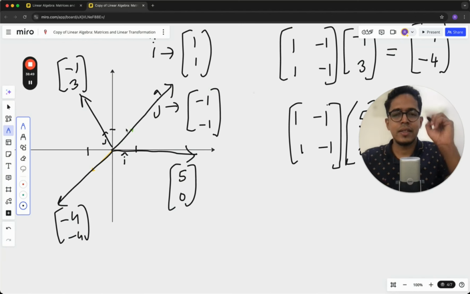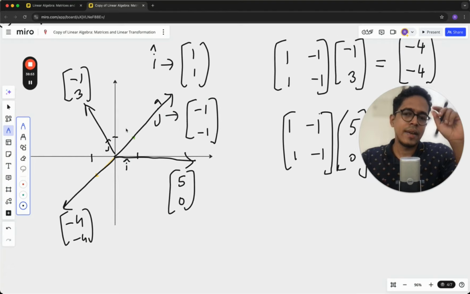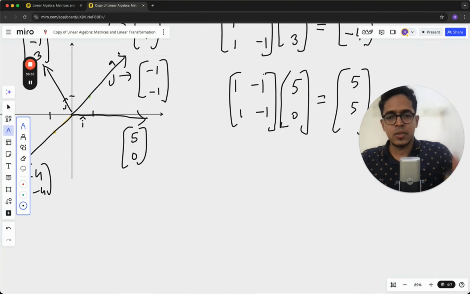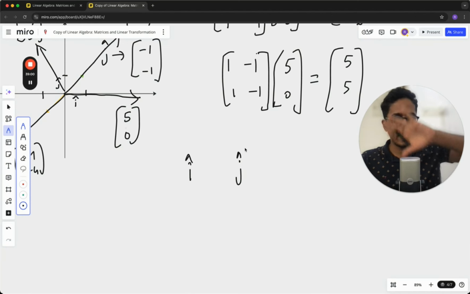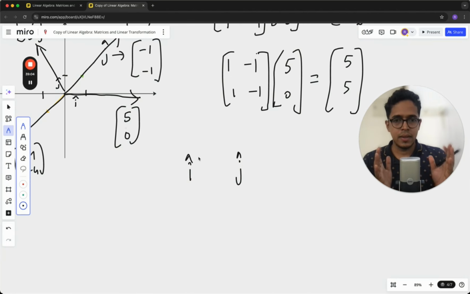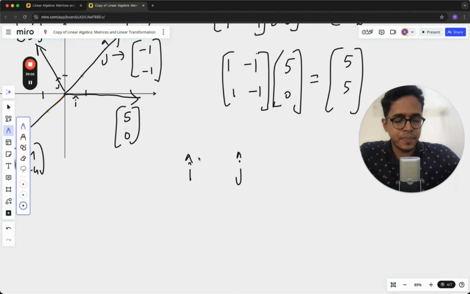Here there is one interesting property that I want you to note. In such a transformation, the original basis vectors i and j could span the entire xy space, right? Using i and j, we could construct any vector in the xy space.